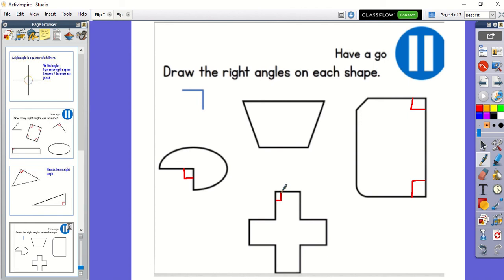So I've got 1, 2, 3, 4, 5, 6, 7, 8. So that's 8 on the inside, but I've also got 9, 10, 11, 12, because I've got 4 on the outside.